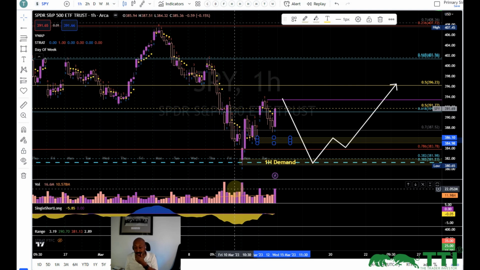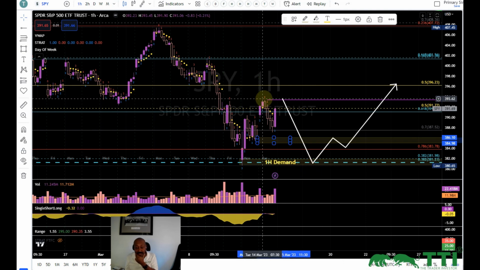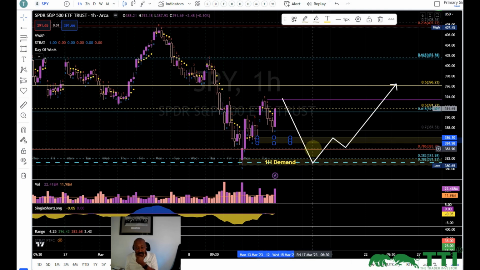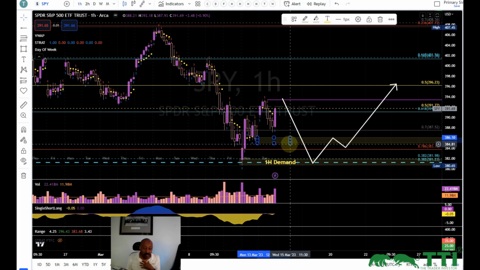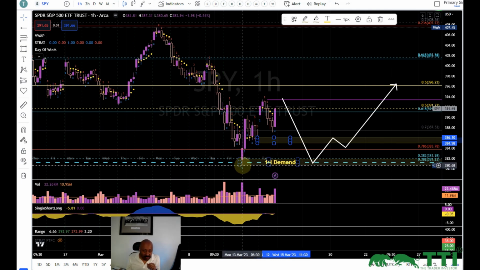Beautiful question, actually. Every time I take a trade, I'm going to have either on the chart as an alert or mentally some areas where price could stall. Here's why I feel a little bit comfortable ignoring this one, but again, you have to do a lot of thinking about this. We have a demand zone.